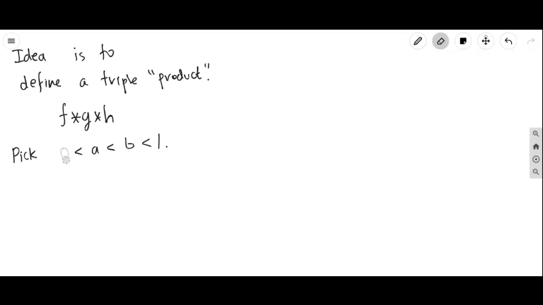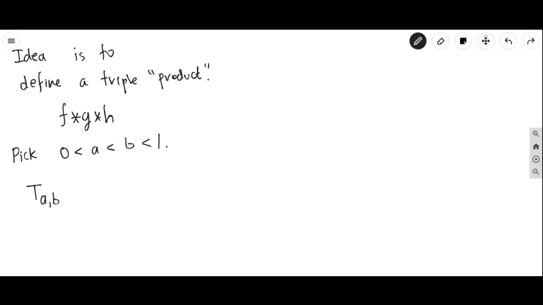You have three different functions, and these are the intervals where they're going to be activated. So this is going to be the triple product, and let's denote this by T_AB. This is not the notation that he uses, but I find it helpful. We call it T for the triple product of these three at the same time.